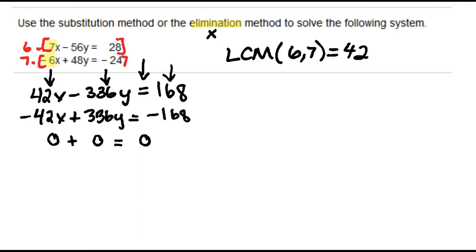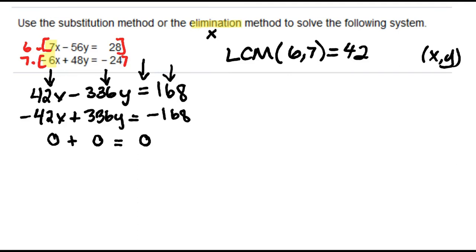So all of our variables eliminated, and that means that instead of getting an ordered pair, an xy solution for this system, we are going to be in one of the special cases. Now, the special cases are that you either have no solution or you have infinite solutions.